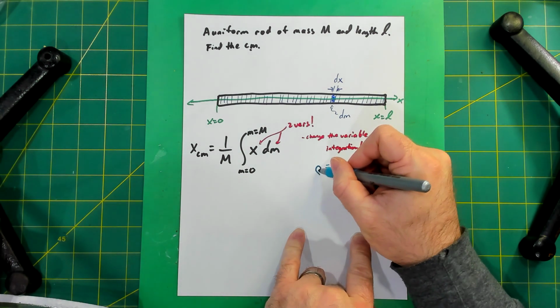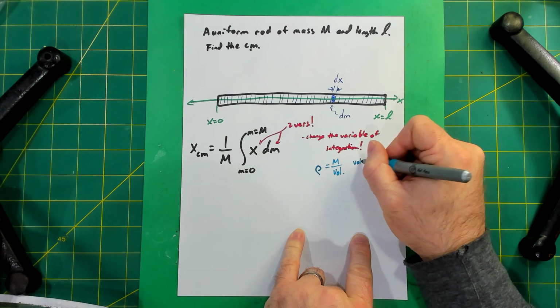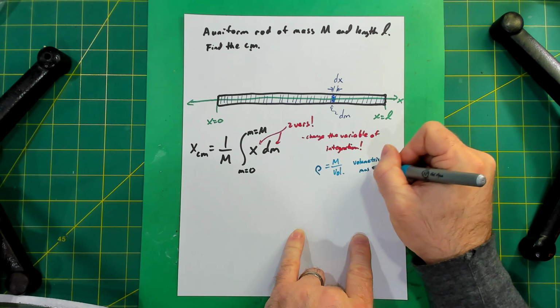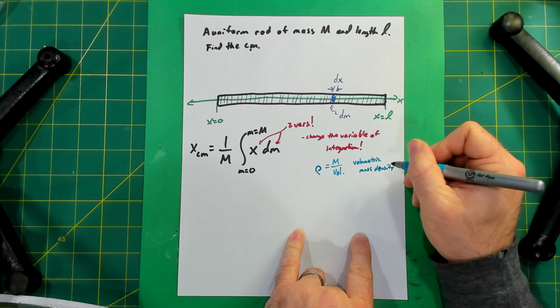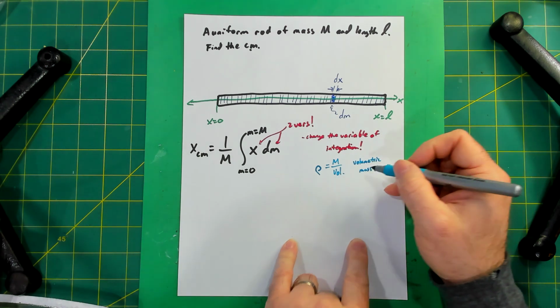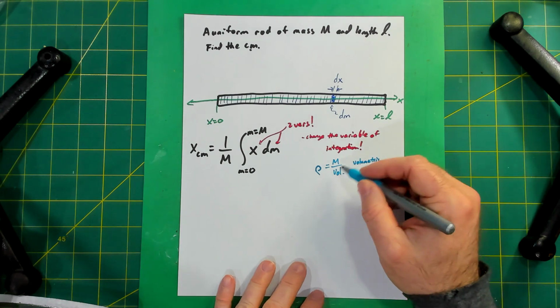So here's a lowercase rho. This is called the volumetric mass density. This is what you're used to when you think of density. It's my mass per volume, like kilograms per cubic meter. In chem, you probably did things like grams per cubic centimeter, but same idea.